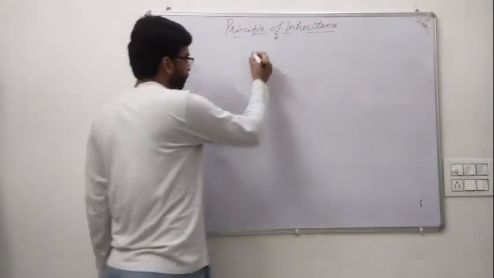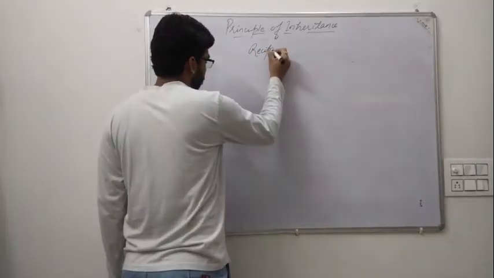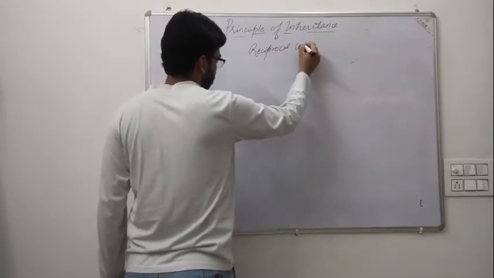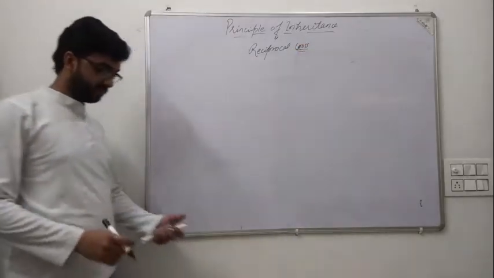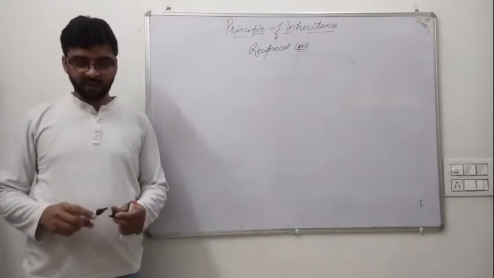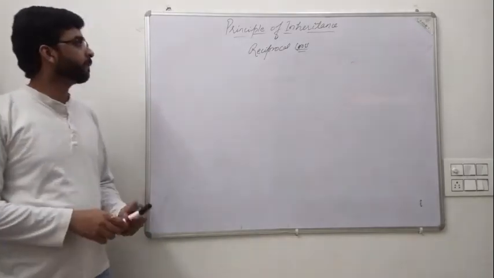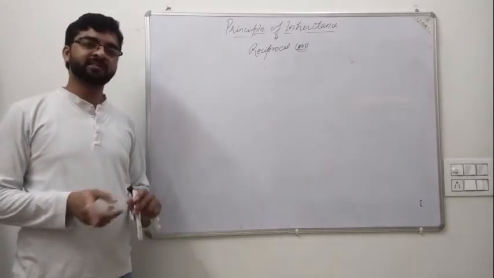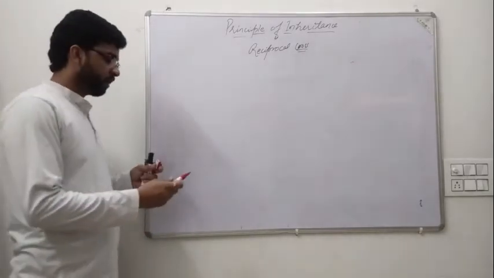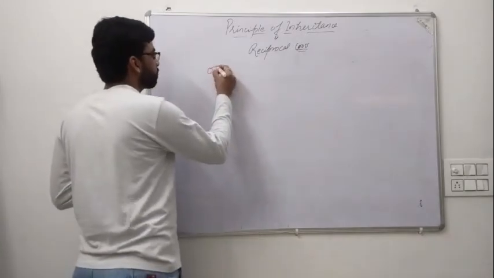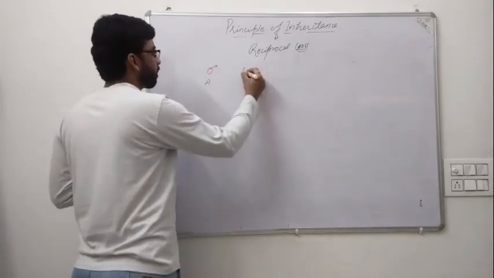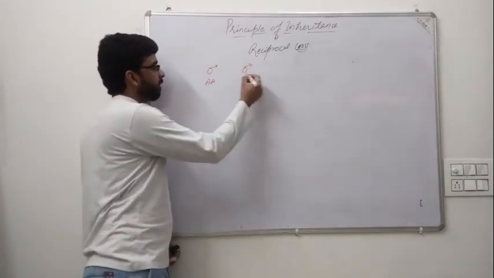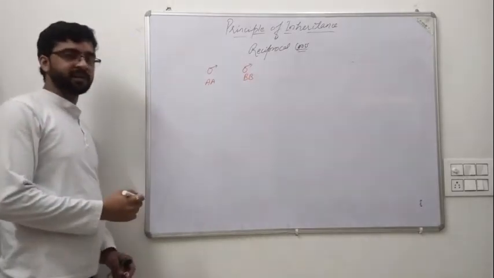Now we do a reciprocal cross. It's an interesting aspect. The reason is that in this, one generation is taken as male and the same generation is taken as female, crossed with a generation A and a generation B. Here we cross AA and BB.